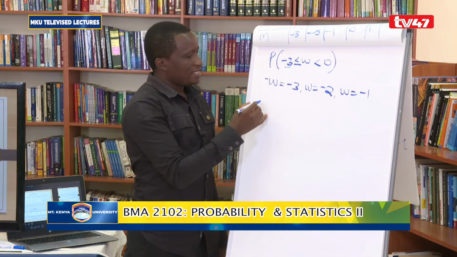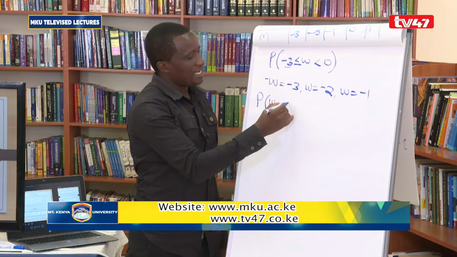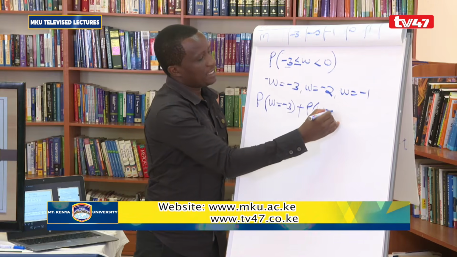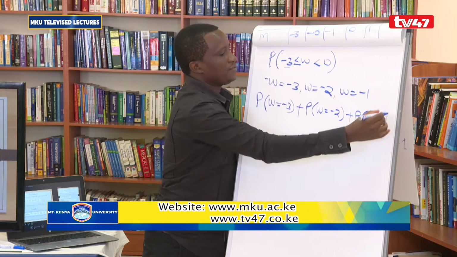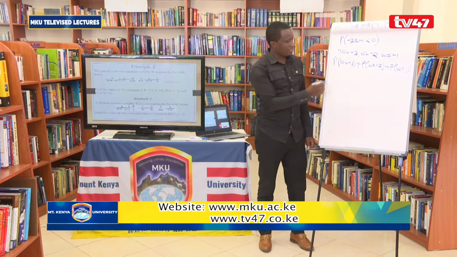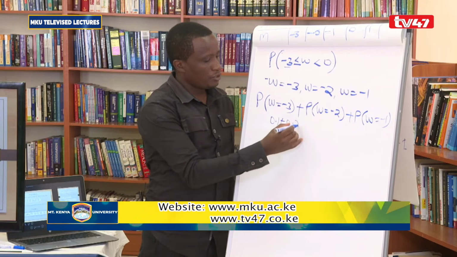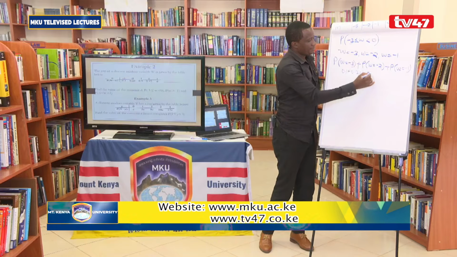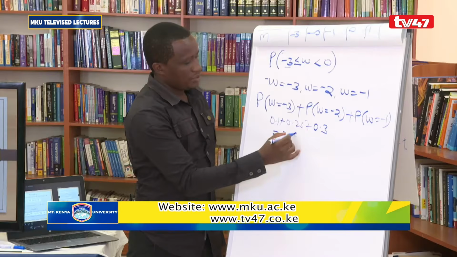So this means we are looking at the probability W is -3 plus the probability W is -2 plus the probability that W is -1, which are given in the table there, the first 3 probabilities. So we have 0.1 plus 0.25 plus 0.3. So this becomes 0.65.